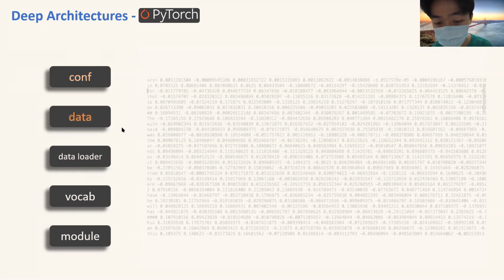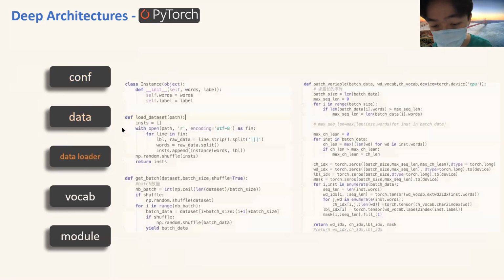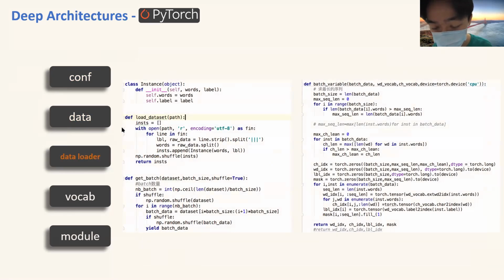Data is used to store the dataset and word embedding matrix. This part is designed for reading and pre-processing data. The key point is to convert the dataset into instances. Each instance contains the label and the word list of a text.